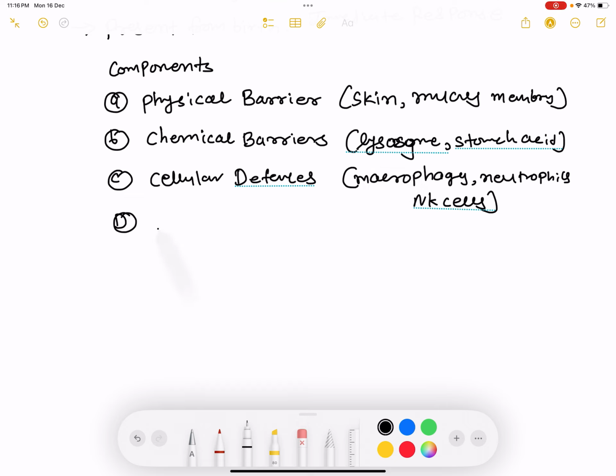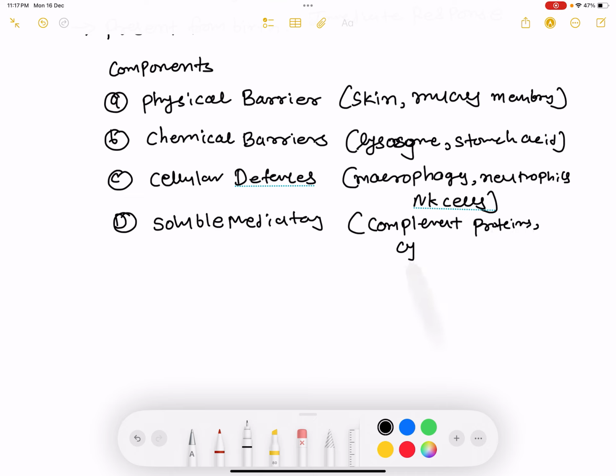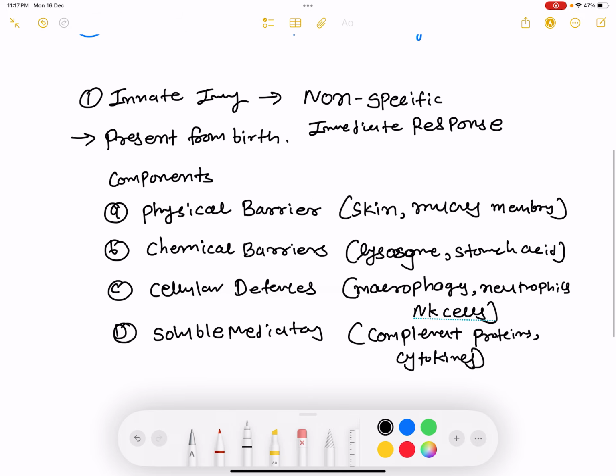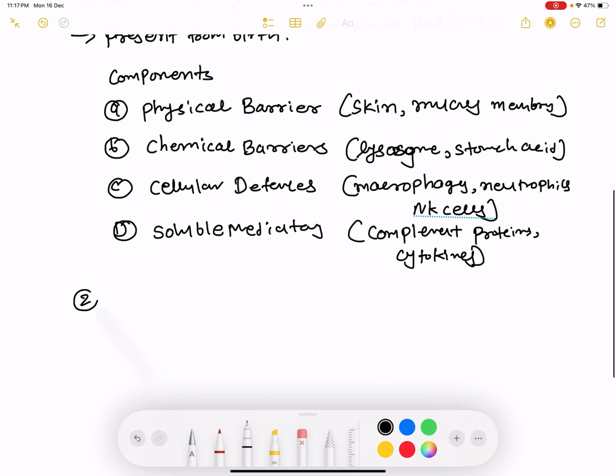And fourth is soluble mediators, like complement proteins and cytokines. So that's innate immunity.